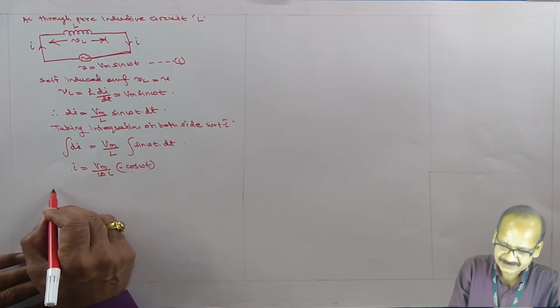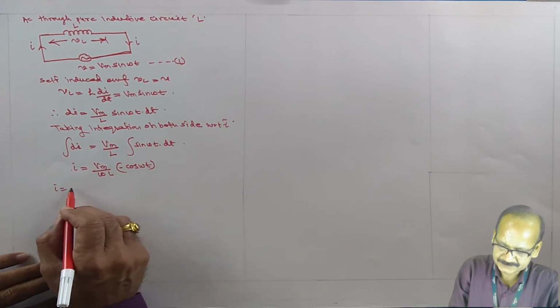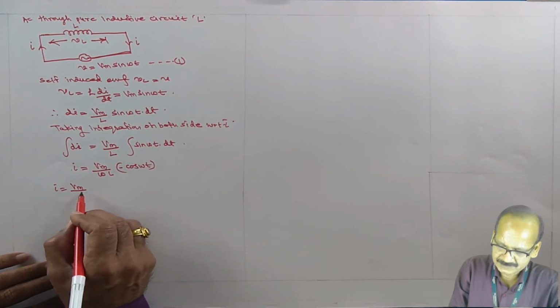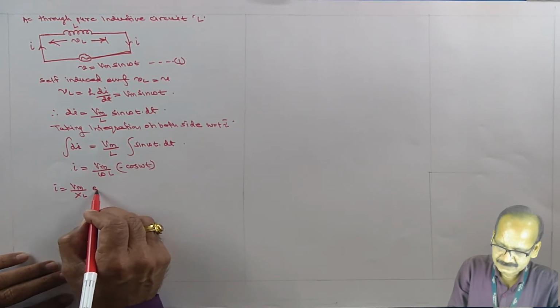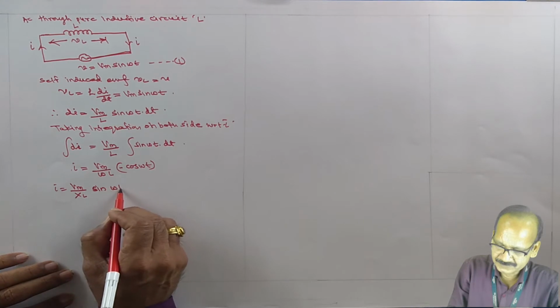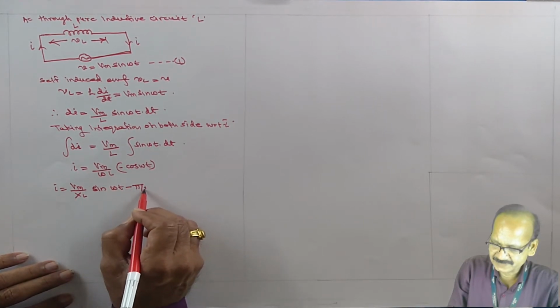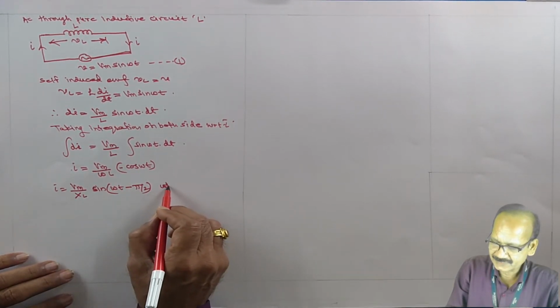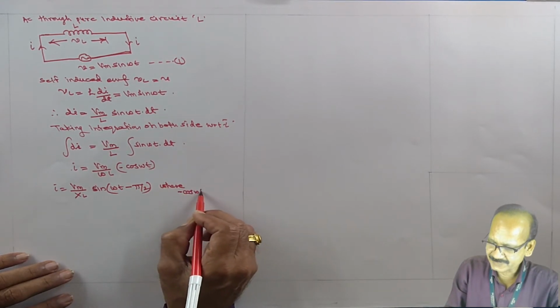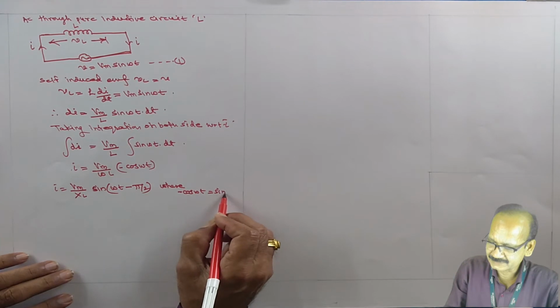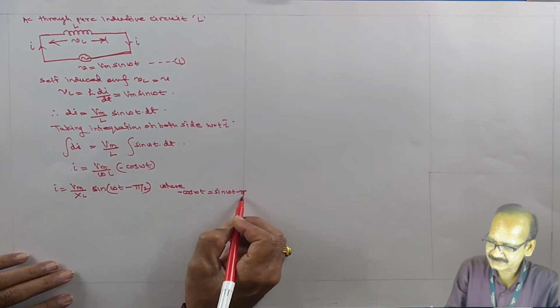Therefore this can be written as i equal to V max upon XL sine of omega t minus pi by 2, where minus cos omega t equal to sine omega t minus pi by 2.